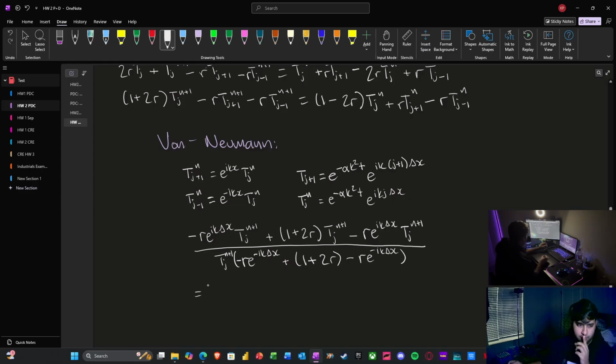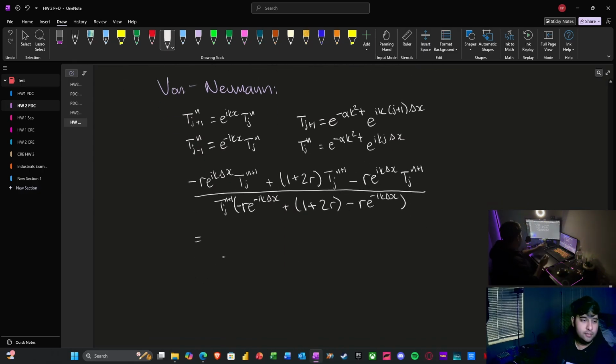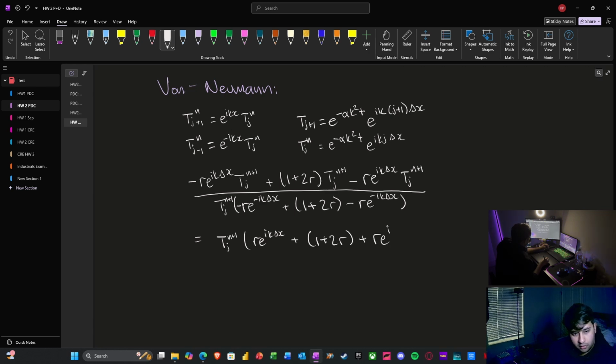And after canceling and simplifying this down, we are left with minus R e^(ik delta x) plus 1 plus 2R minus R e^(-ik delta x).